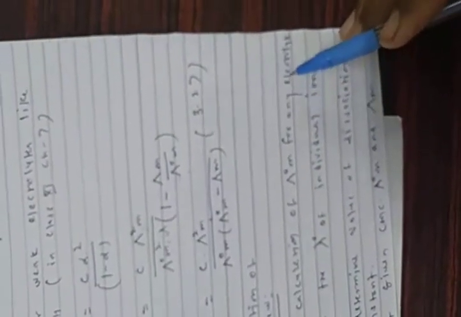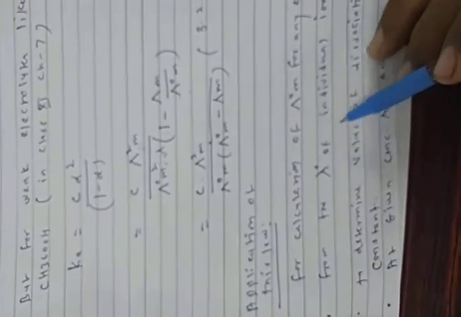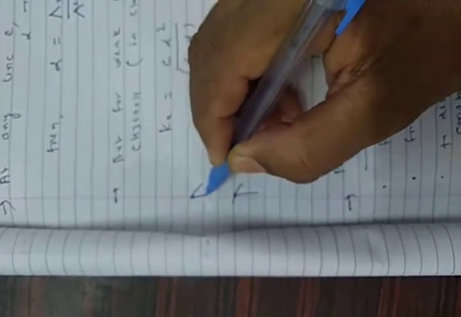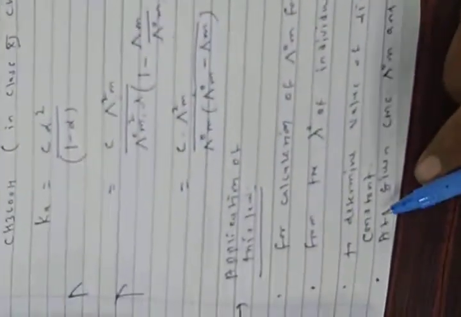Now the applications of Kohlrausch's law for strong and weak electrolytes: calculation of molar conductivity at zero concentration for any electrolyte from the molar conductivity at zero concentration of the individual ions, as I taught you earlier, and determination of the dissociation constant.